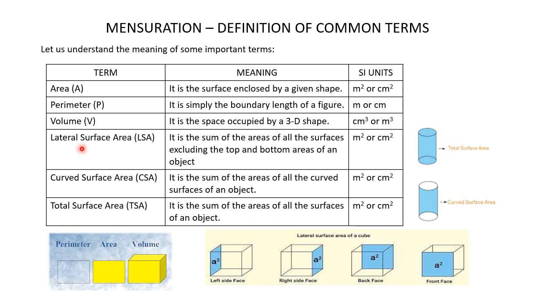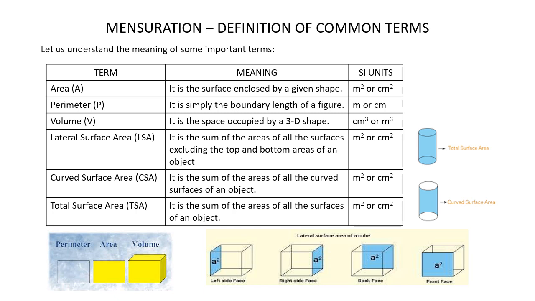Lateral surface area. It is the sum of the areas of all the surfaces excluding the top and the bottom areas of an object. The SI units are meter squared or centimeter squared. Let's look at the lateral surface area of a cube.